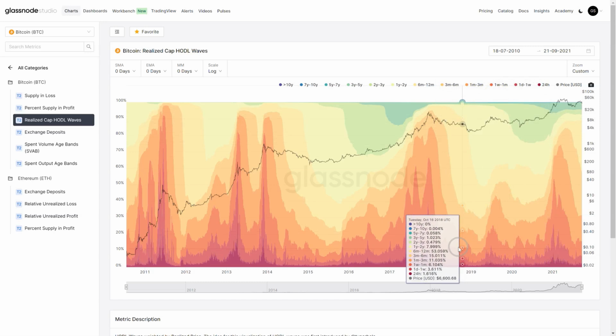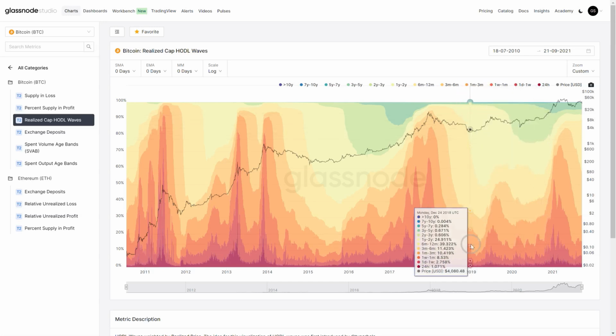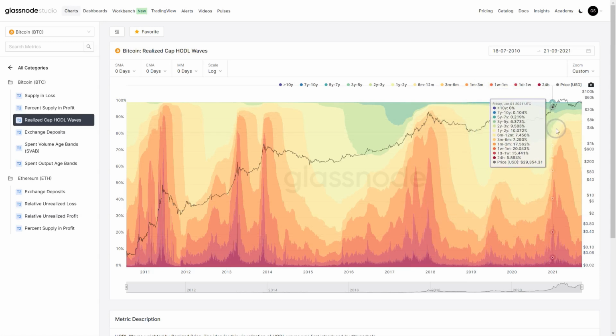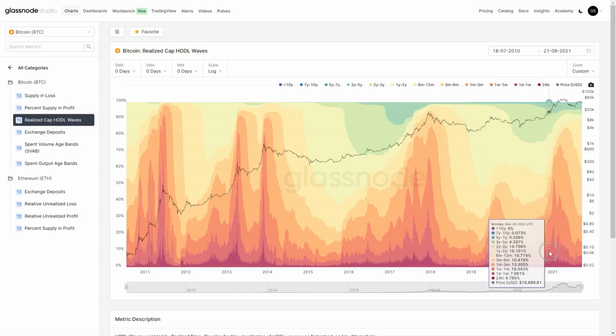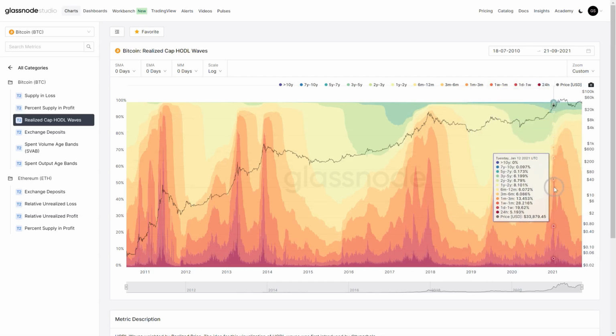So those who bought the lows in 2018 and 2019 are the ones you see in here. This curve is rising because these are the guys who bought the lows. And then what comes in as we break to all-time highs? Same old things. They dilute the market cap, selling to those who want to be in.